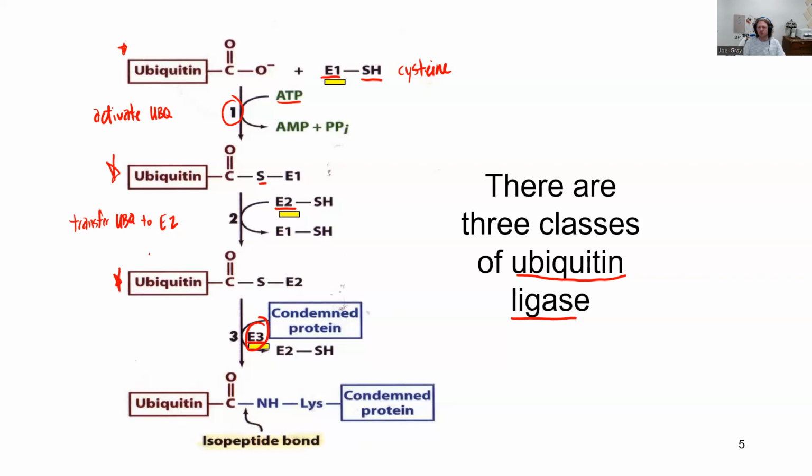Because when you think about E1, E2, and E3, E3 is the enzyme that says, all right, I'm going to take that ubiquitin from the ubiquitin ligase and put it onto the protein that we want to degrade. Well, we're taking it from E2.